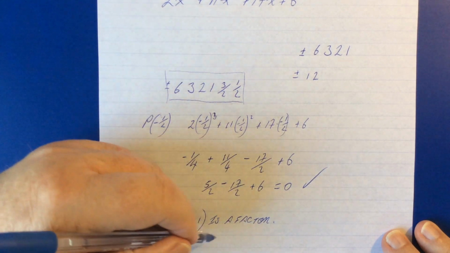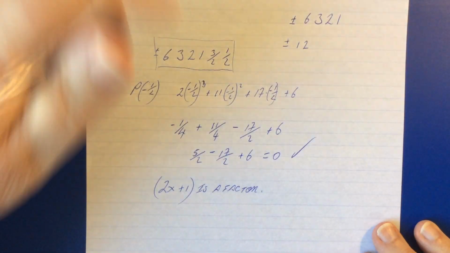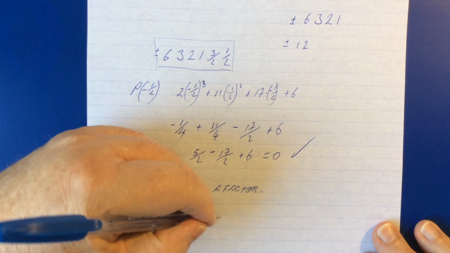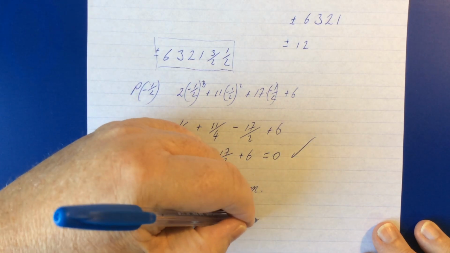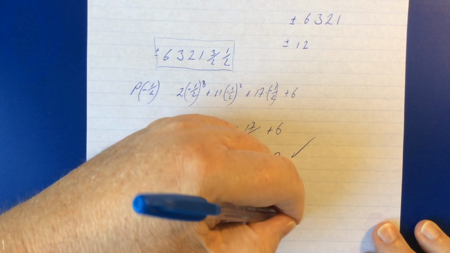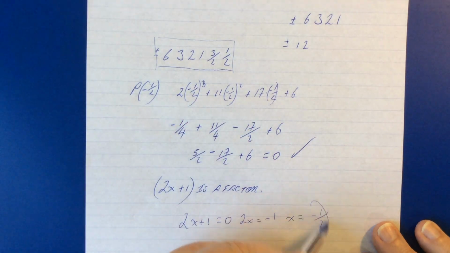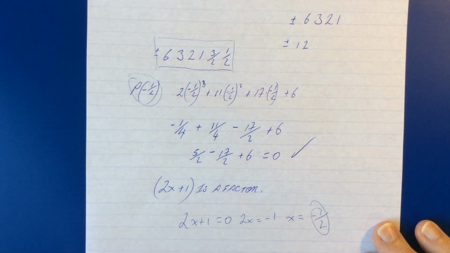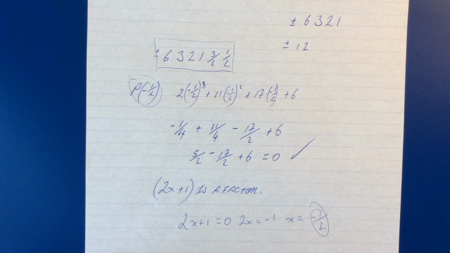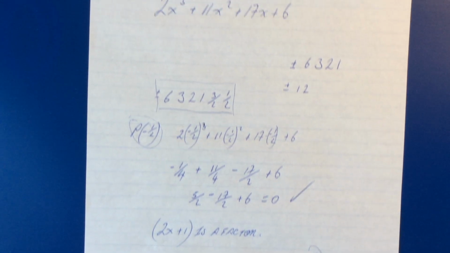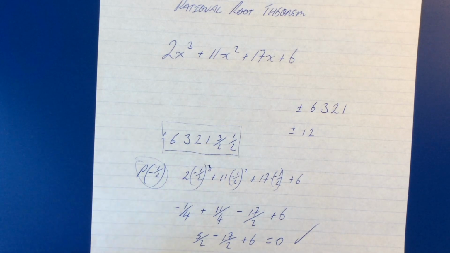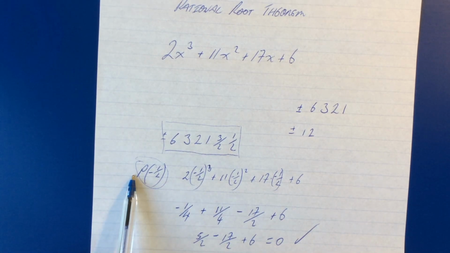And how I get that from here is as follows. If I just do this in reverse, 2x plus 1 equals 0, 2x equals negative 1, x equals negative 1 over 2. That is that. Okay, so I guess you could say we've struck it lucky, but this is a way of short-circuiting some of the drama of trying 1, negative 1, 2, negative 2, as you would with factor theorem potentially.